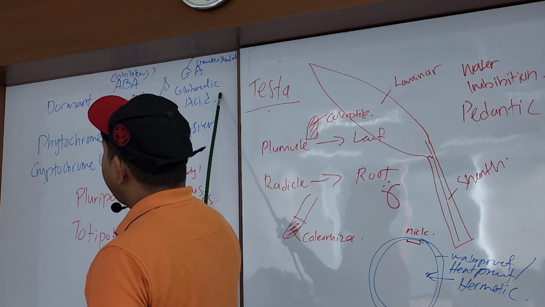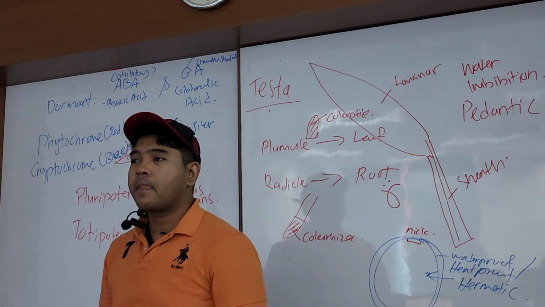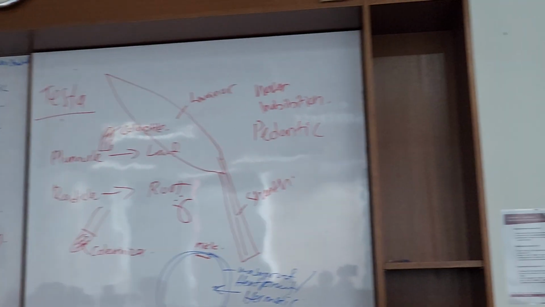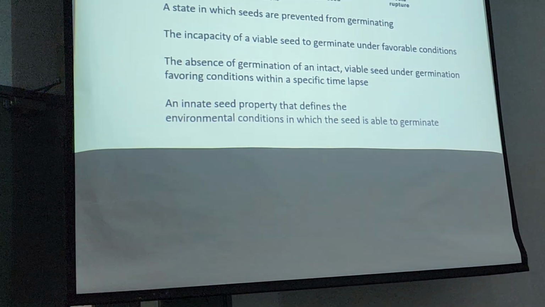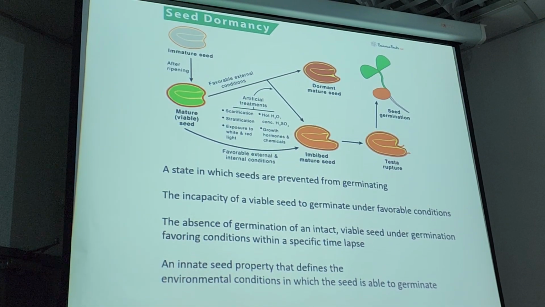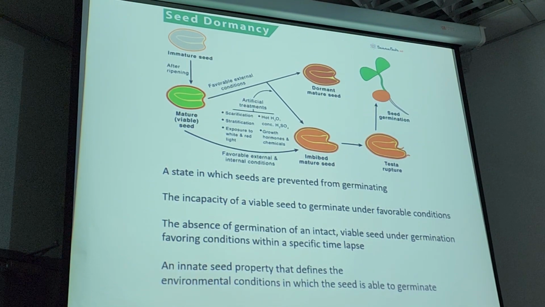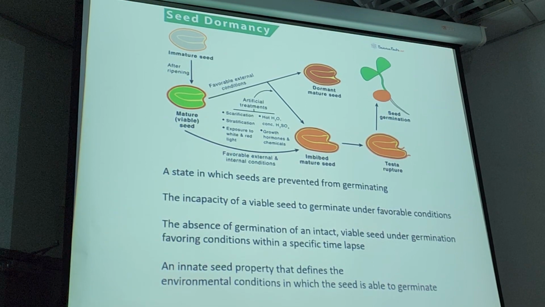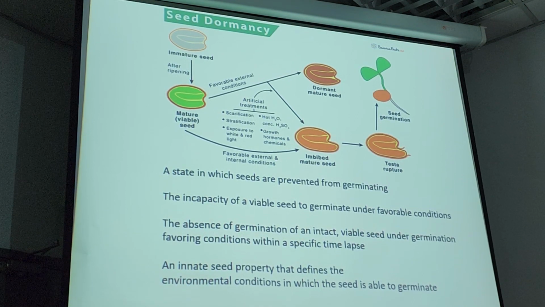When you apply gibberellic acid, what happens to ABA? Overwhelmed. Yeah. Then what happened? ABA is still there, but the sensitivity is diminishing. With the flooding of gibberellic acid, the cells of the seeds become less sensitive to ABA. When it becomes less sensitive, it's not going to listen to ABA to stay dormant anymore. You need to wake up, right? So that's one way.